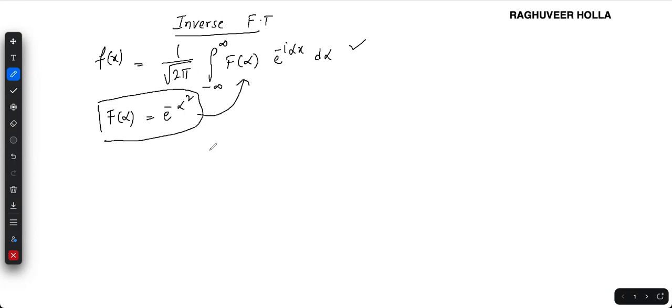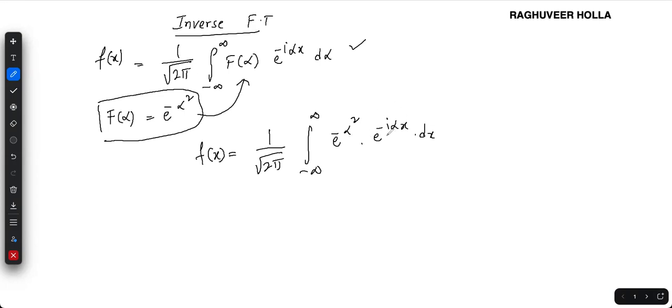So f of x is equal to 1 by root 2 pi integral minus infinity to infinity e to the power of minus alpha square into e to the power of minus i alpha x into d alpha.